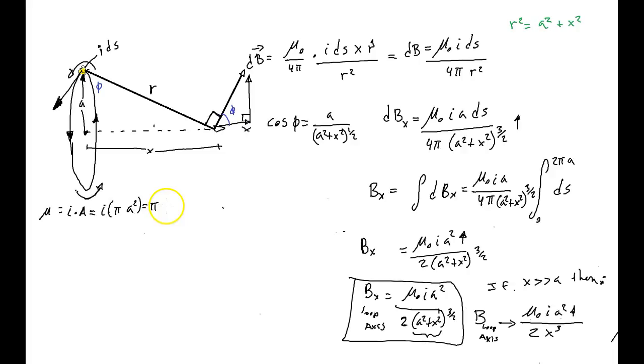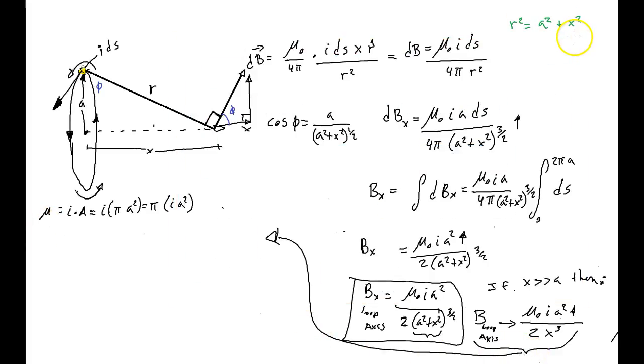Well, guess what? We've got an I and an A squared here. So we can write this if we want to as u sub 0 mu times I hat divided by 2 pi x cubed.